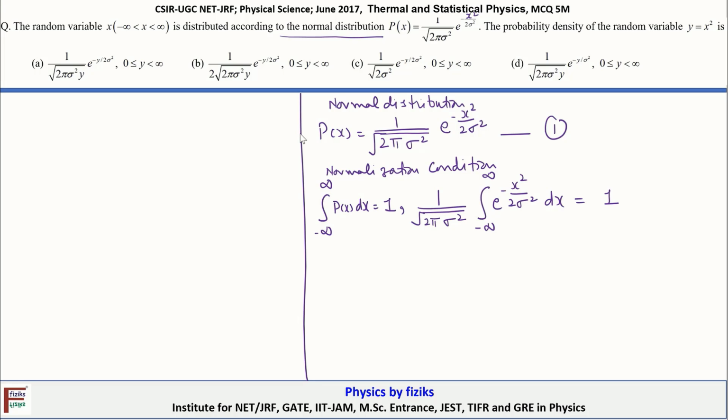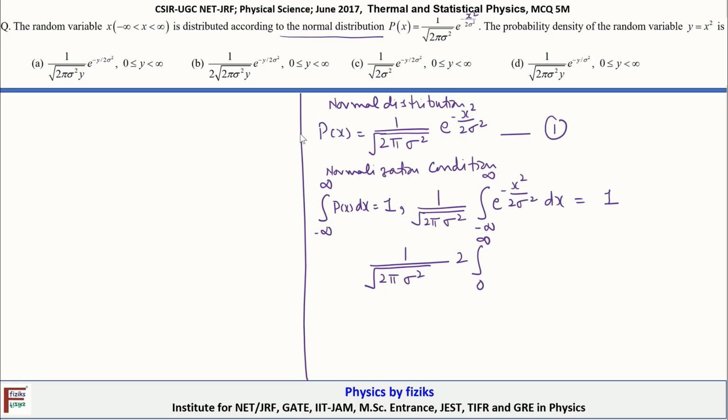Okay, this can be further rewritten as 1 upon under root 2 pi sigma square, and then 2 times the integral from 0 to infinity.